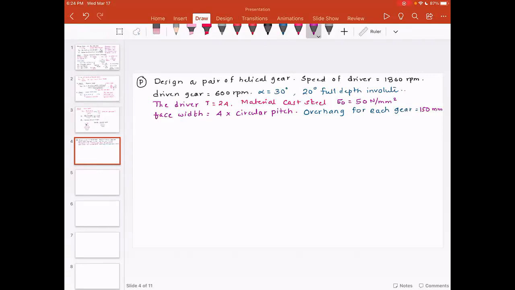And the allowable shear stress for the shaft, tau shaft, is equal to 50 Newton per millimeter square.